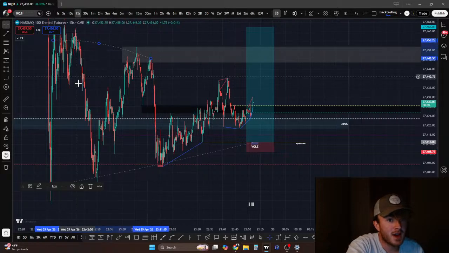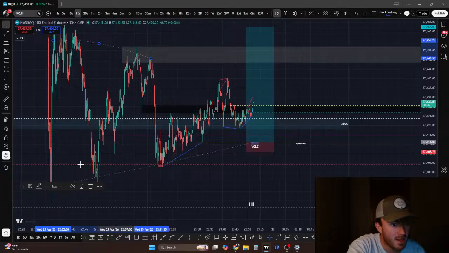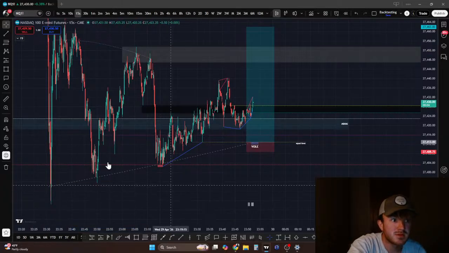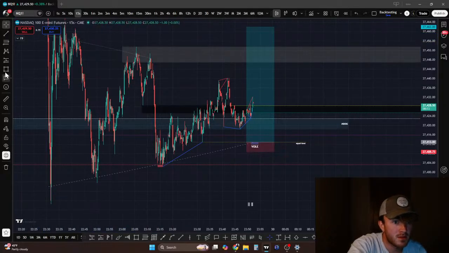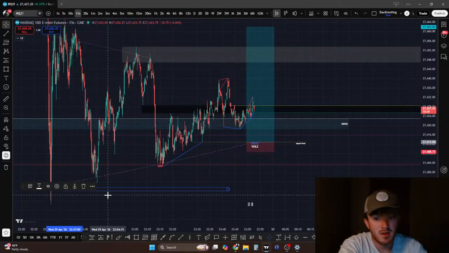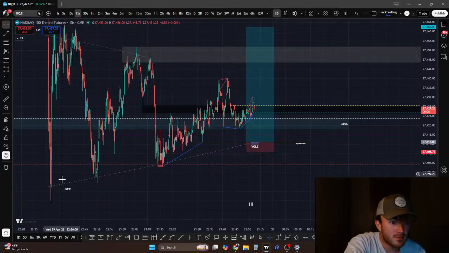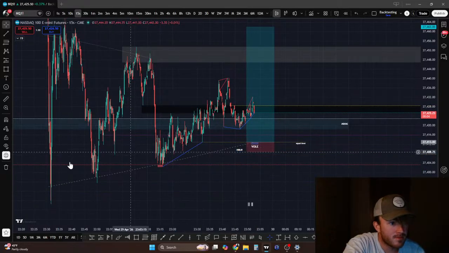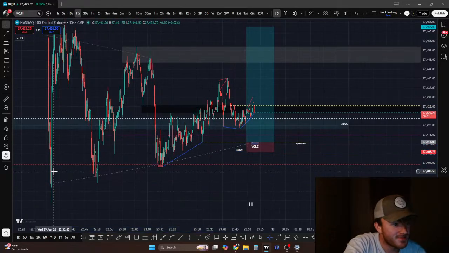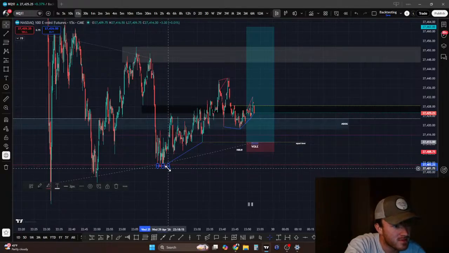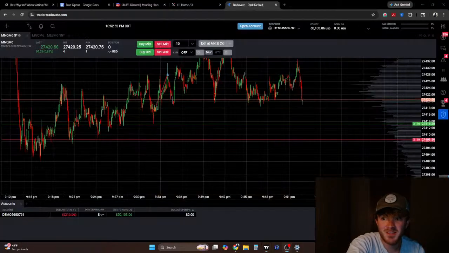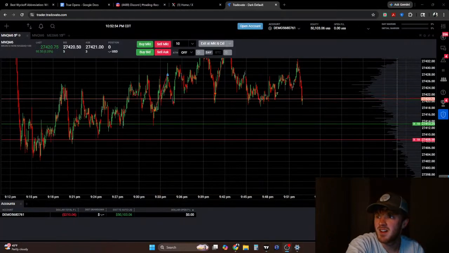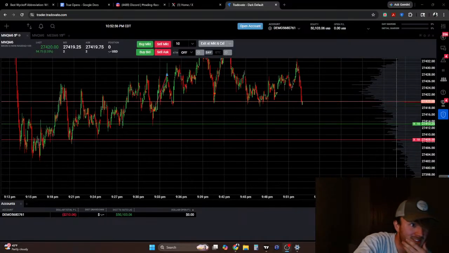Is there a higher time frame reason for us to go up here? I forgot to mark this out as possible high resistant liquidity. Oh, if this plays out, this is awesome. Oh, we're going. If this plays out, this is gonna be really cool.